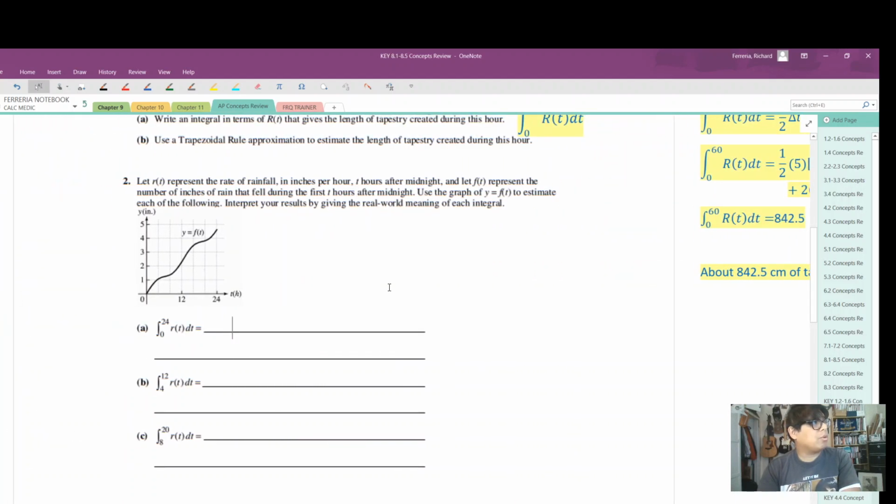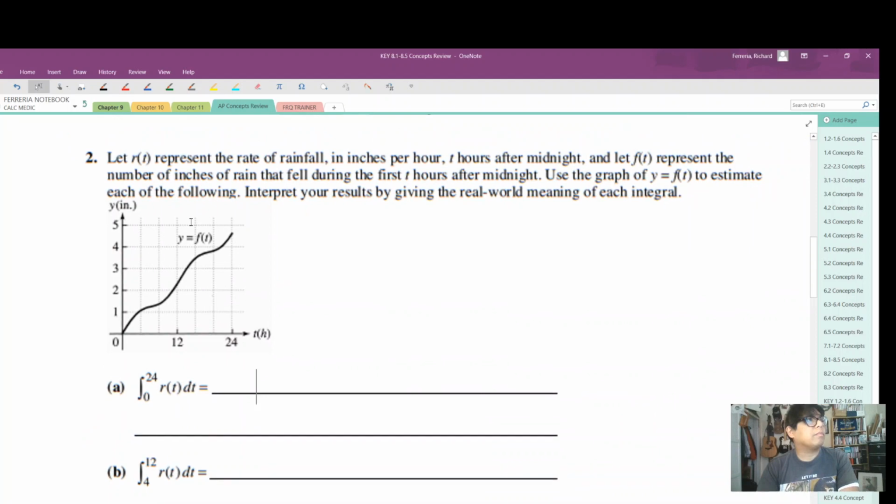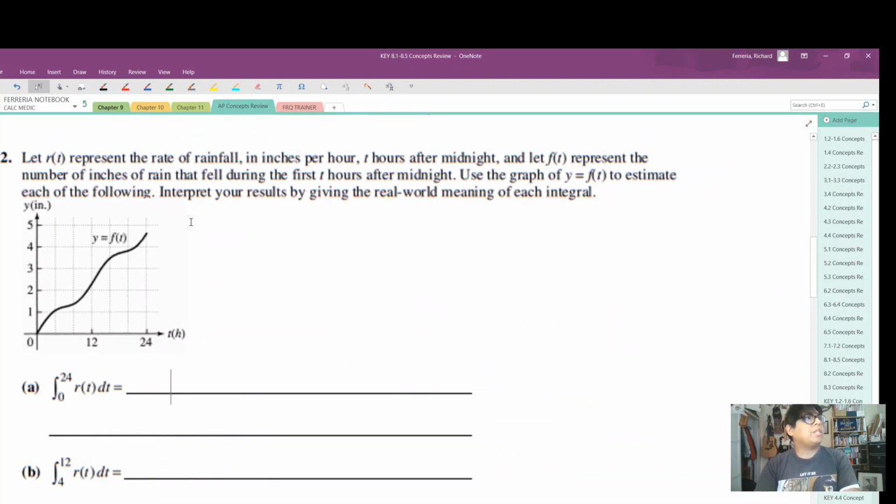Moving over to the next part, we have let R represent the rate of rainfall in inches per hour, T hours after midnight. Okay, second function F, let that represent the number of inches of rain that fell in the first T hours after midnight.